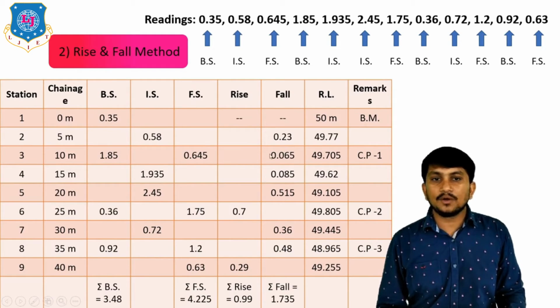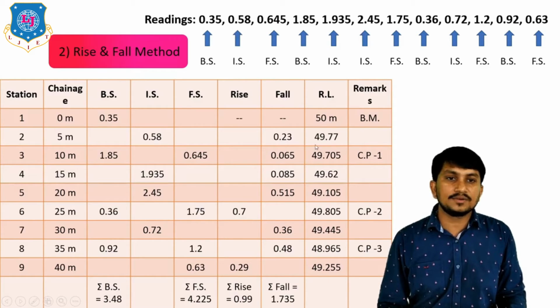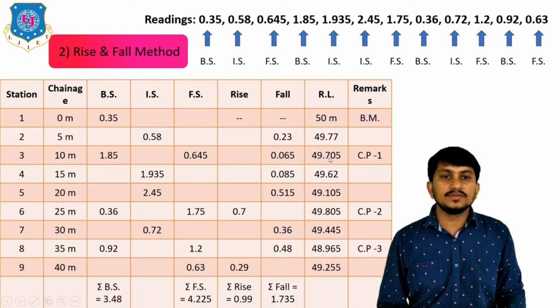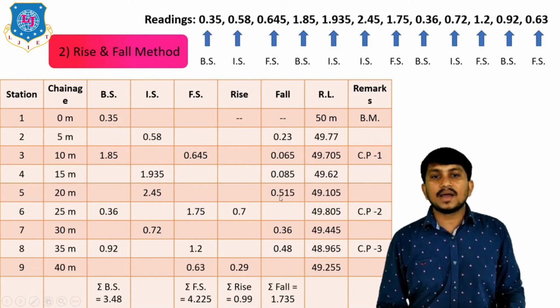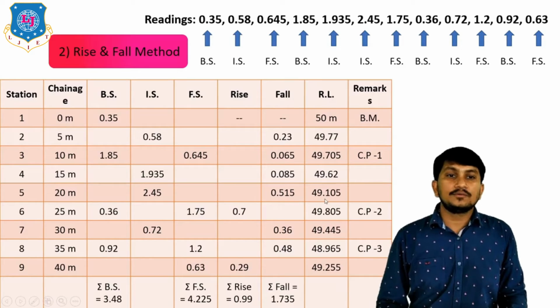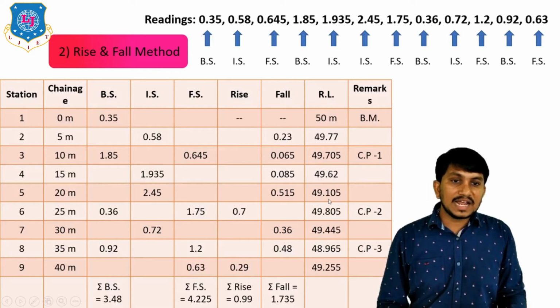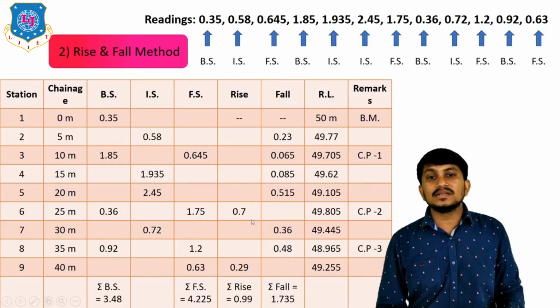Next, here also there is a fall, so we have to deduct this value from the preceding value, which is 49.77. So 49.77 minus 0.065 gives 49.705. 49.705 minus 0.085 gives 49.62. 49.62 minus 0.515 gives 49.105. 49.105 plus 0.7.